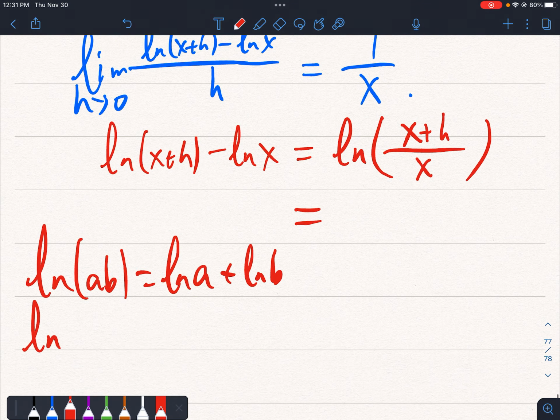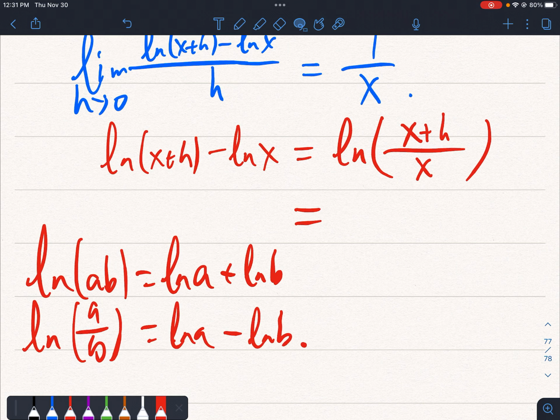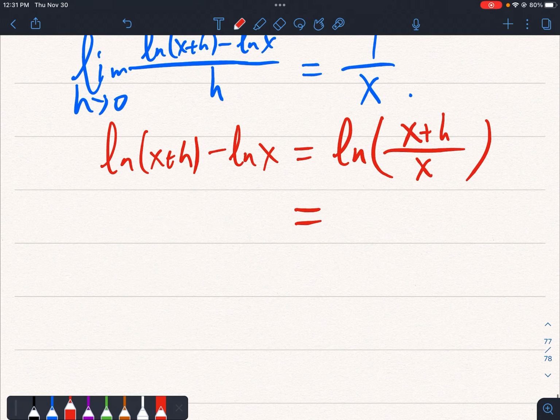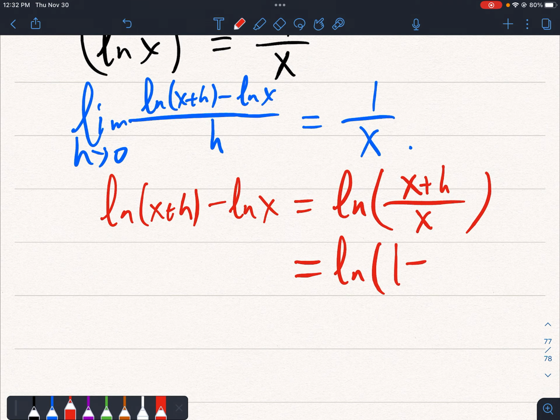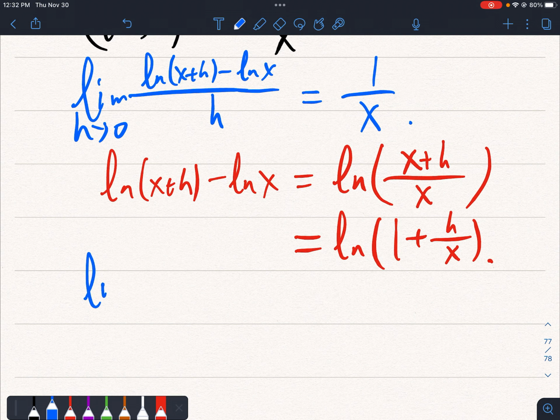This is by some rule, because ln of ab is equal to ln of a plus ln of b, and ln of a over b is equal to ln of a minus ln of b. Here we're taking the difference of ln, so this will be the ln of the quotient. So then this will be ln of 1 plus h over x, and we want to divide this by h.